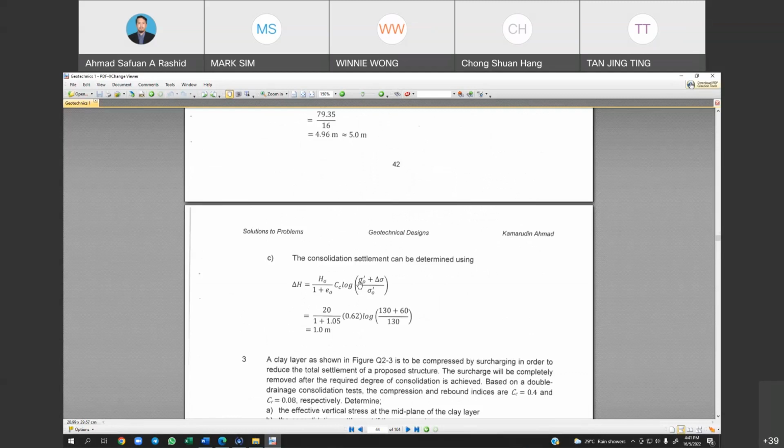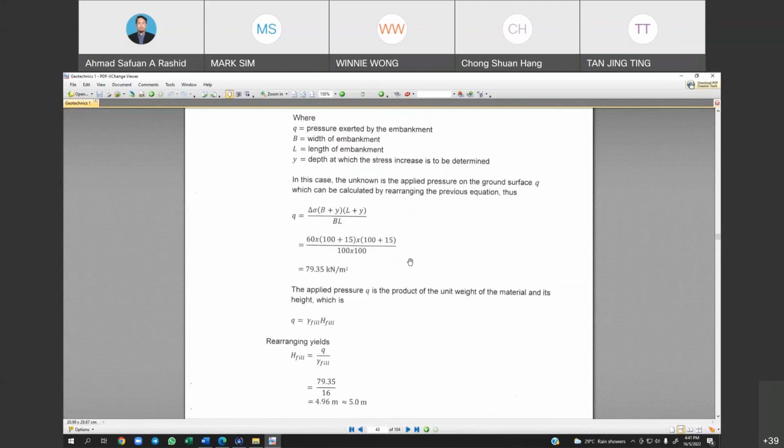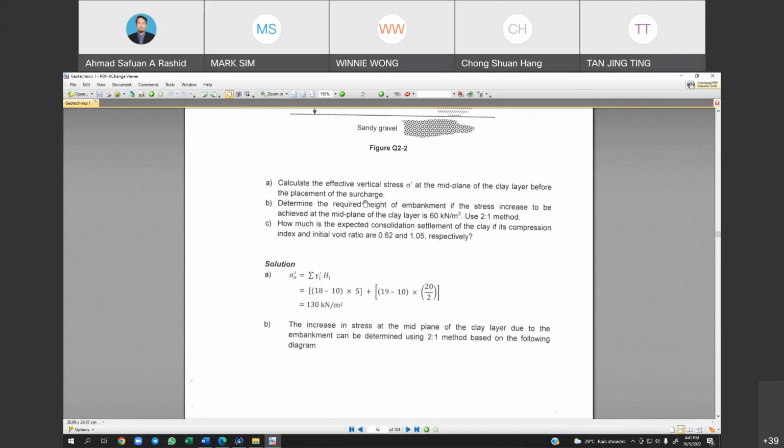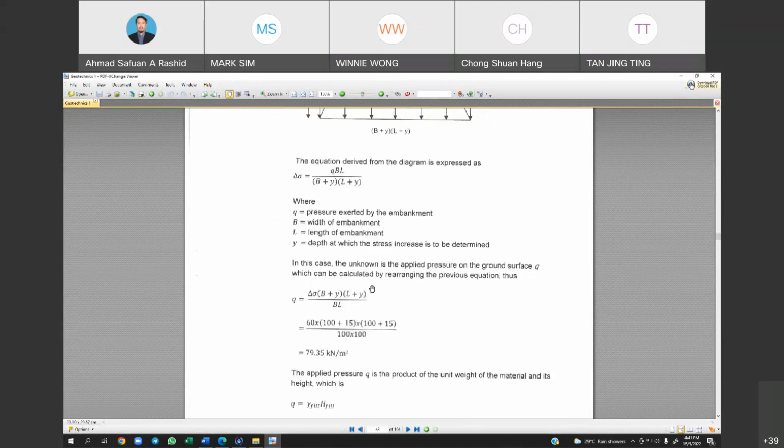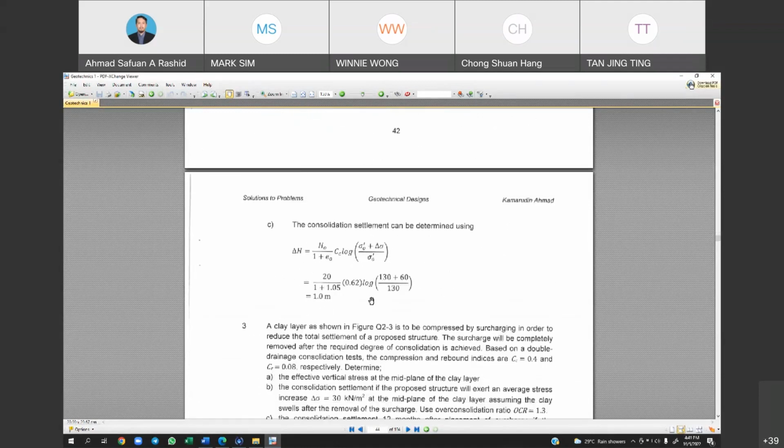So 130 plus 60 over 130. The delta sigma is the pressure at the mid plane, already given, 60 kPa. So the value for the settlement is equal to 1 meter. So 1 meter is the value of the settlement for this case.